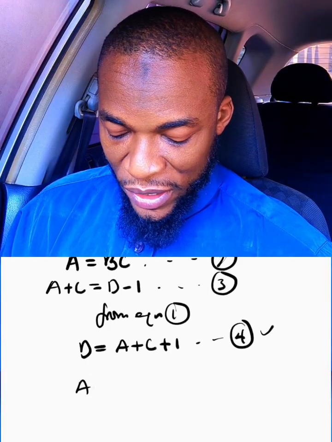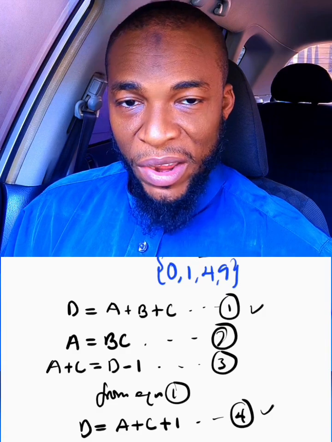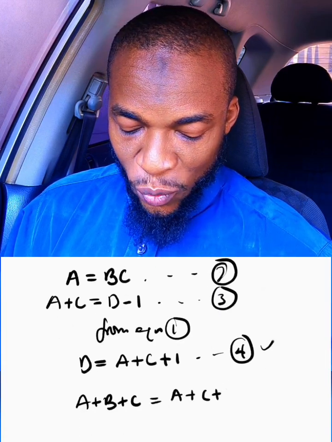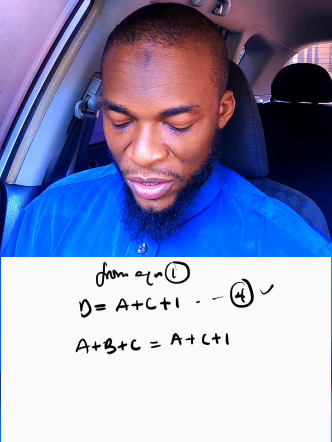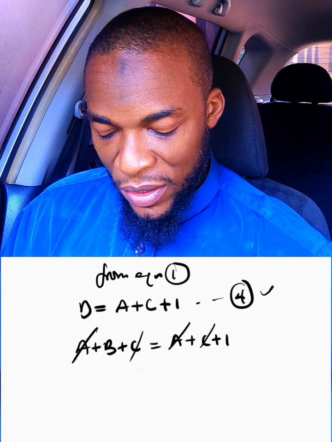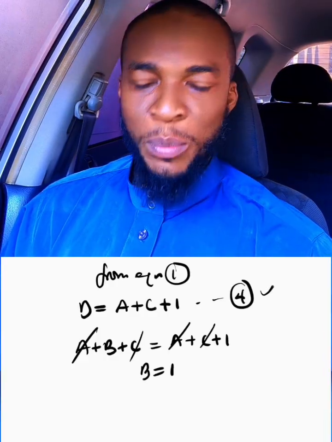So this implies that A plus B plus C from equation 1, that is the right-hand side, must be equal to A plus C plus 1 from this fourth equation. A will cancel A, C will cancel C, which implies that B is equal to 1, and we know that 1 is a perfect square number.